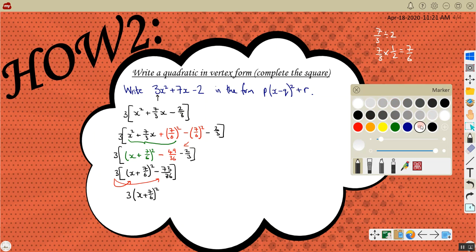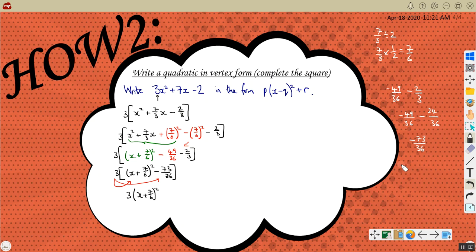And again, thinking of our fractions, you don't need a calculator for this. It is dead easy. 3 times 73 over 36. Well, this is just 3 over 1. How many times does 3 go into 36? It goes in 12 times, and 3 goes into 3 once. So I end up with 73 over 12. It's minus 73 over 12.